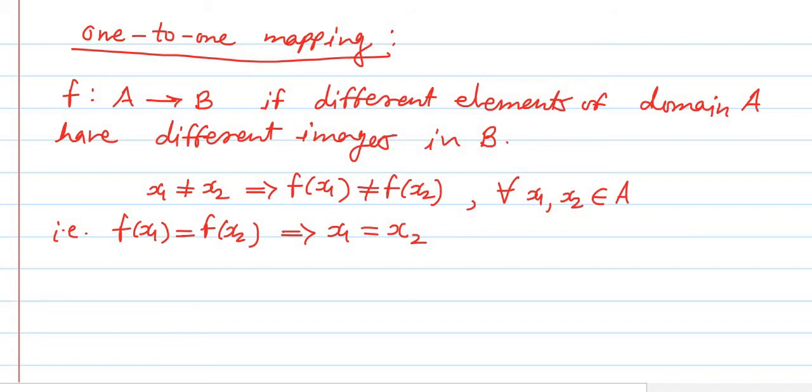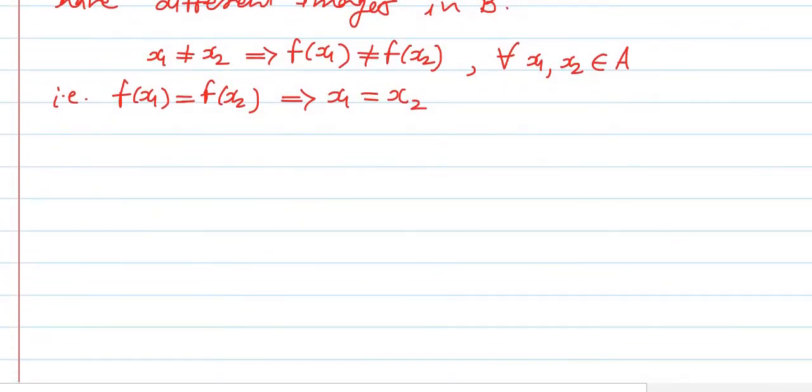Next, if we have a mapping which is both one-to-one and onto, then we say that there is a one-to-one correspondence between the domain and codomain.